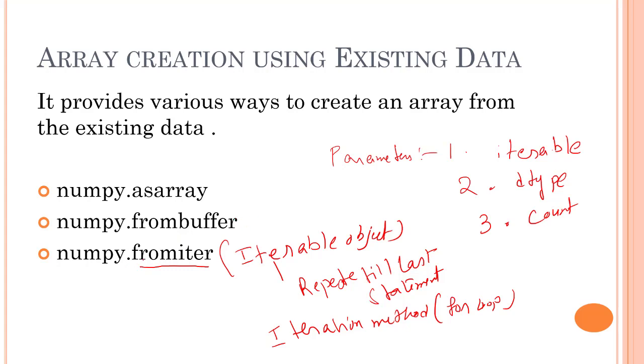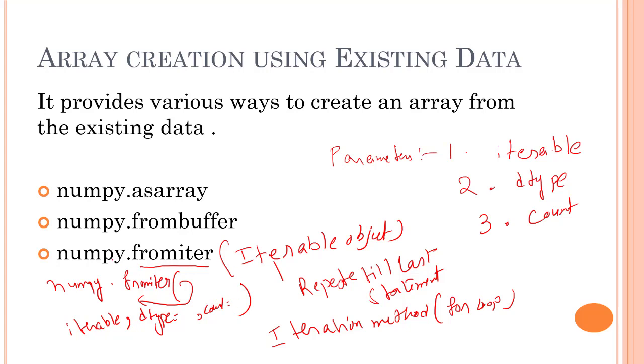Whenever you use this method, the way of using is numpy, because whenever we are creating an array, numpy is compulsory. numpy.fromiter, and then the parameters: iterable, comma, dtype, which depends upon which type you are using, and the value of the count. So these are the parameters you have to follow.